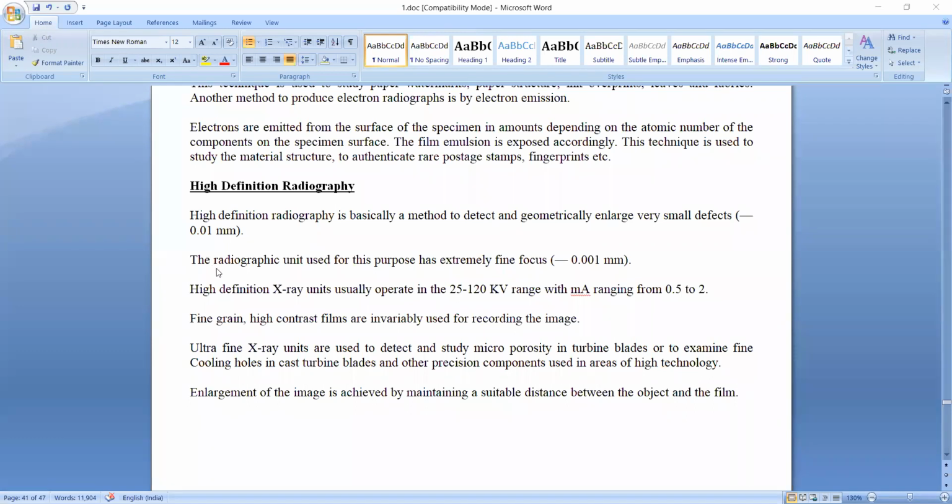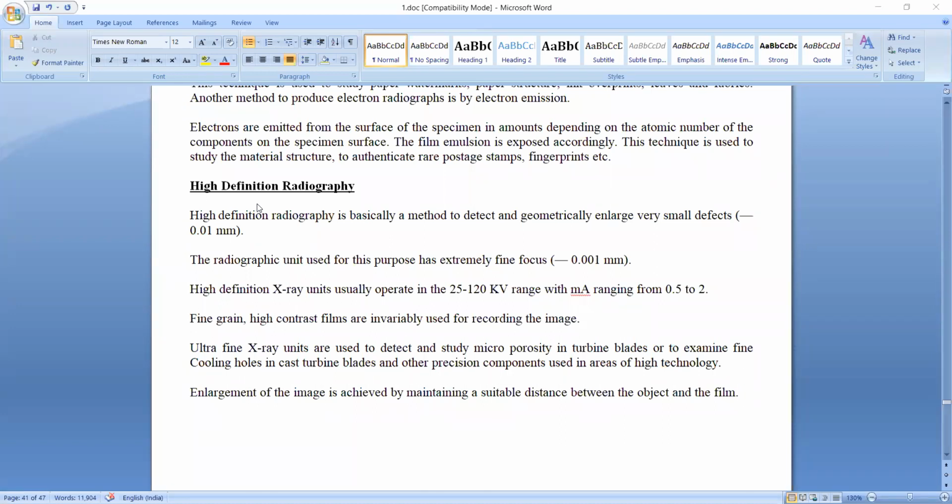Okay, for this purpose, we are using extremely fine focus X-ray equipment, because we have to find very small differences. That's why we need high precision X-ray equipment.